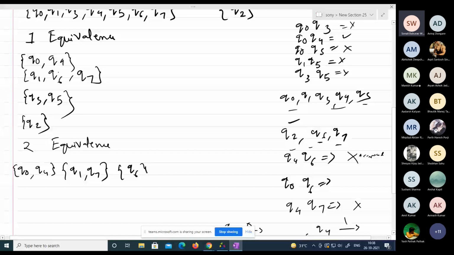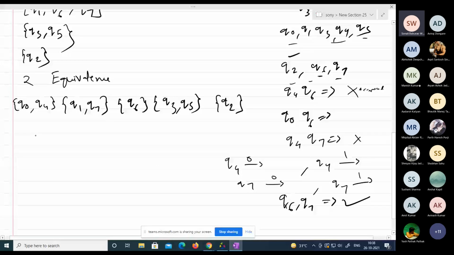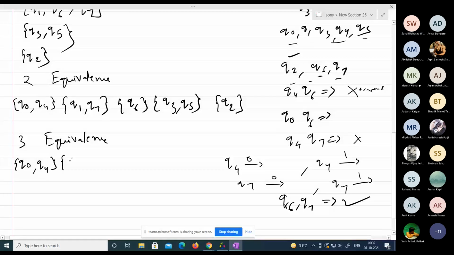Similarly, when I compute three equivalents, my values will be this much. Q0, Q4, then Q3, Q5, I'll have Q1, Q7, I'll have Q6, then I'll have Q3 and Q5.